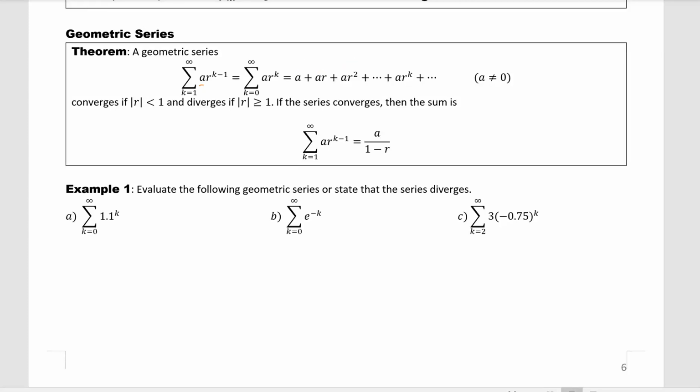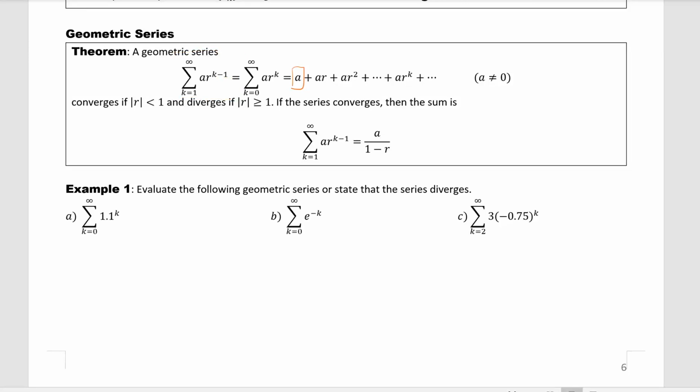We can use this notation if the index k starts with 1. Then the first term is a, so there's no r in it, and that's why it's r to the k minus 1.